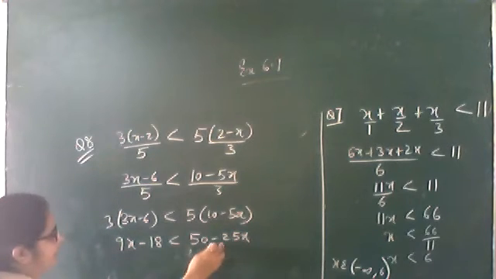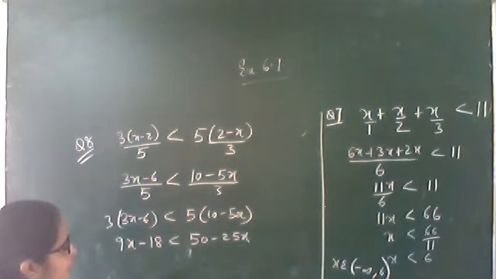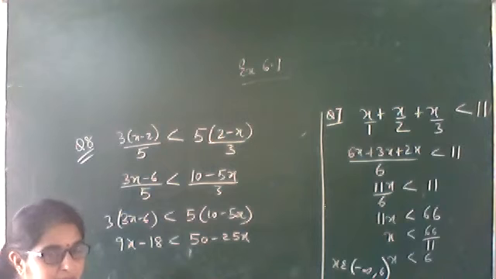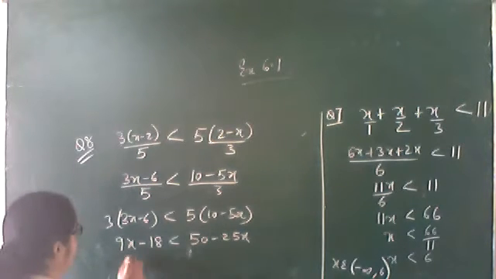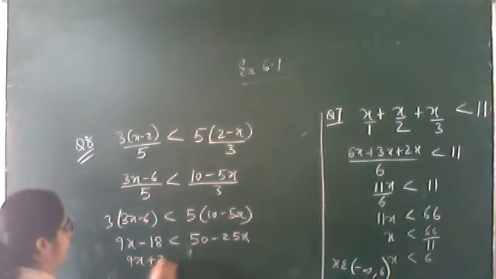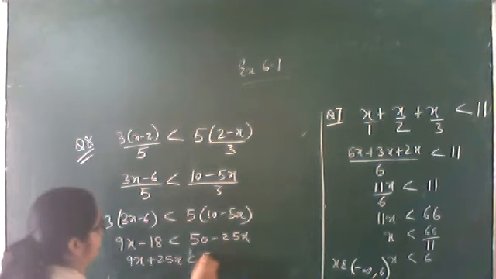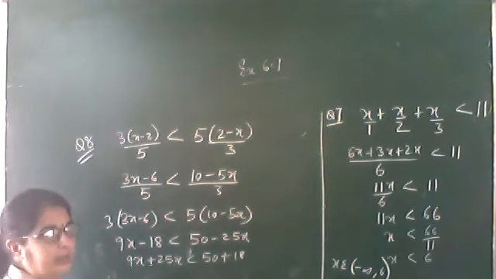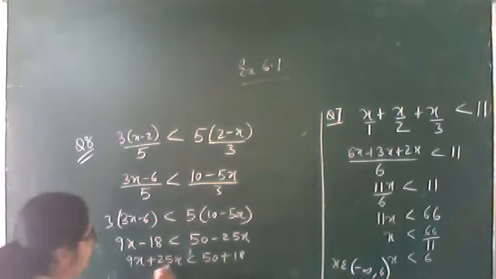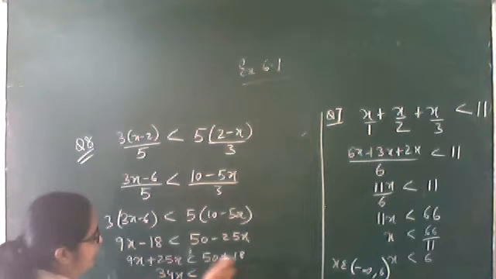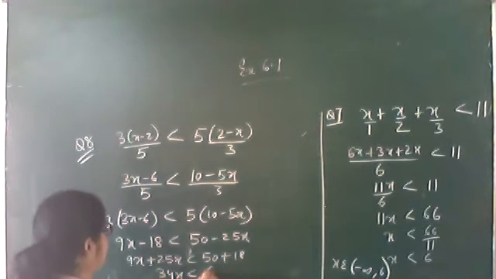Now here minus 25x is there. If I take 25x to that side, it will be plus 25x. So it will be 9x plus 25x is less than 50 plus 18. Minus 18 when it goes that side will become plus 18.